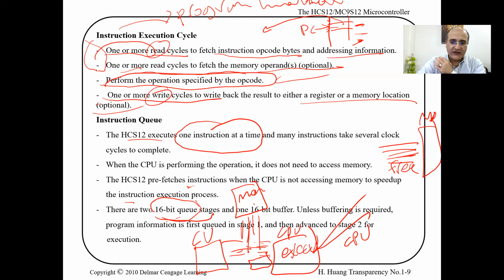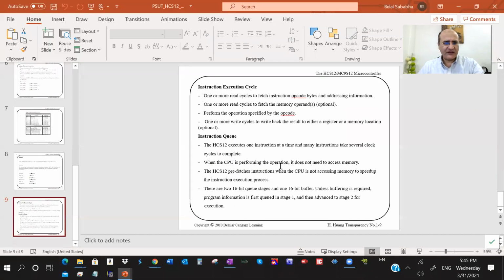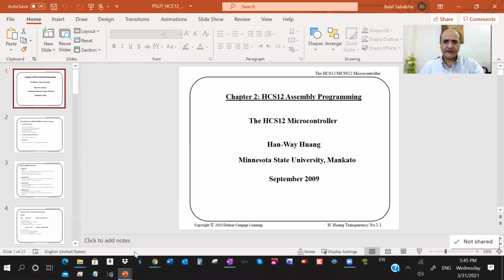It will find it in a register that is accessible faster. This is a kind of pipelining, and I think you went through it somewhere in your undergrad.